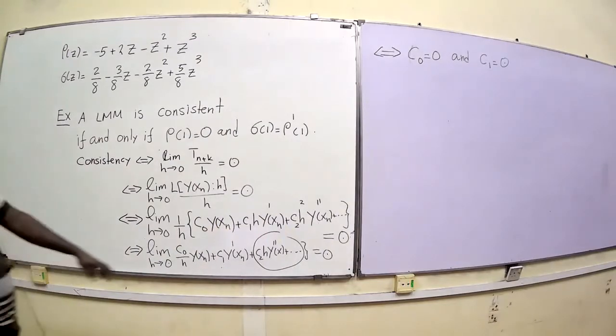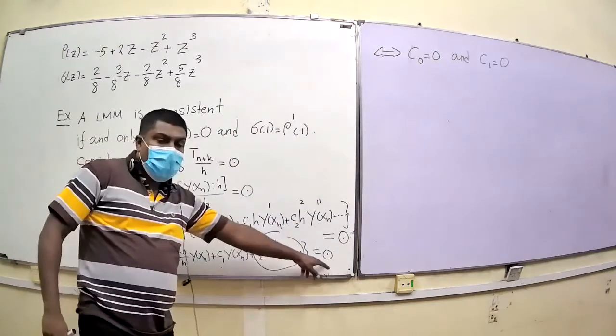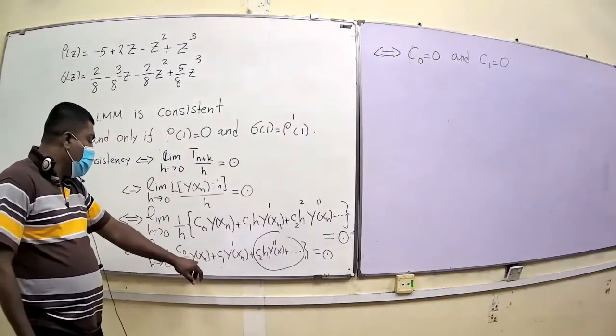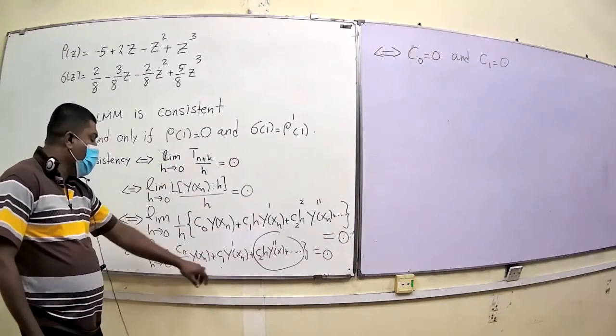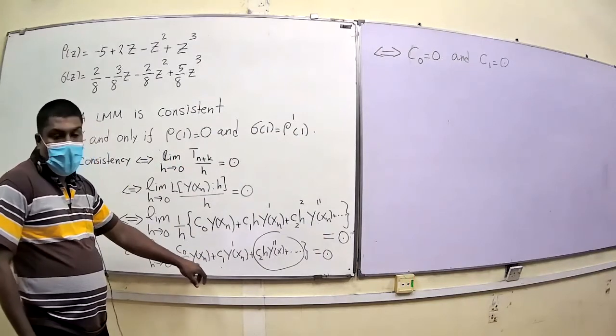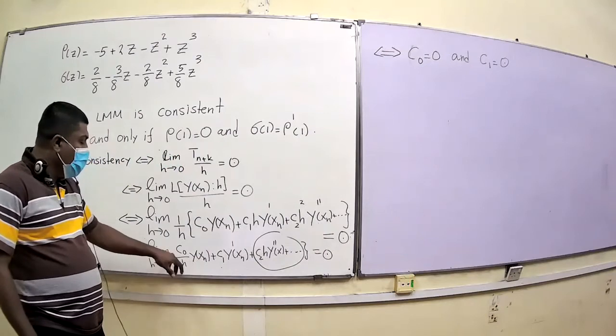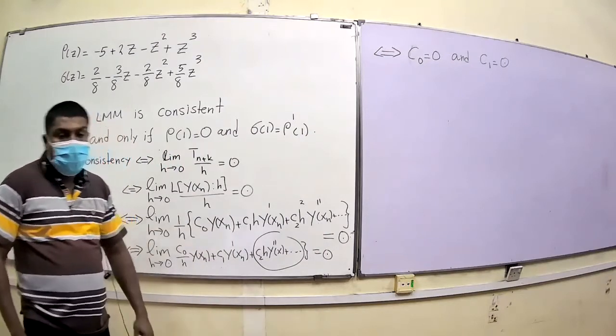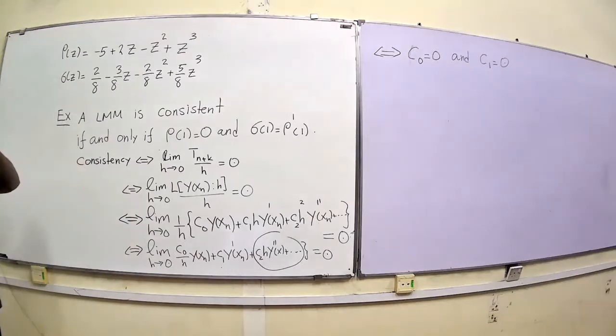All the others are automatically 0, but the whole thing should be 0. So this has to be 0, and this cannot be 0, so automatically C1 should be 0. So the limit will be 0 if and only if both C0 and C1 are 0.